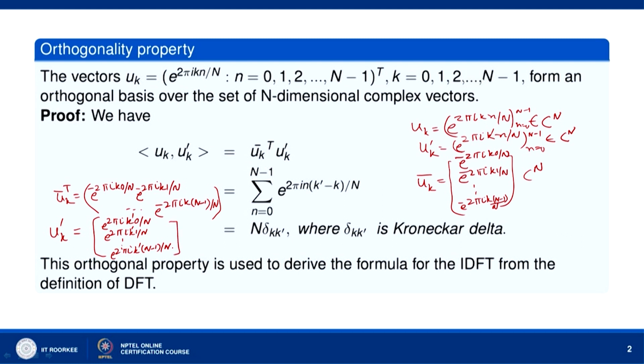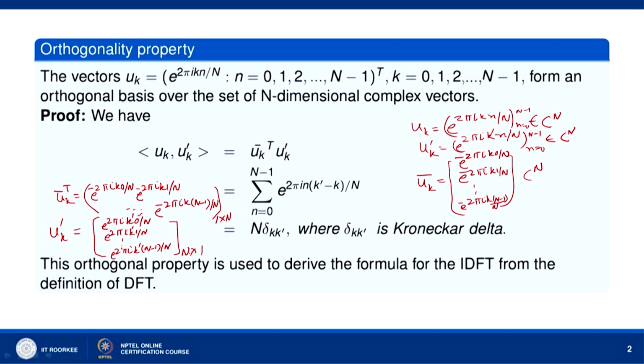So, when you multiply u_k conjugate transpose with u_k dash, this being a 1 by N matrix and this being an N by 1 matrix, you get a 1 by 1 matrix, that is you get this summation, sigma n equal to 0 to N minus 1, e to the power 2 pi i n, where n varies from 0 to N minus 1. So, that we write as e to the power 2 pi i n times (k dash minus k) divided by N.